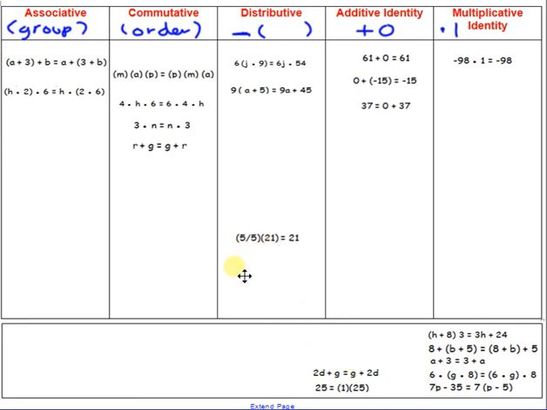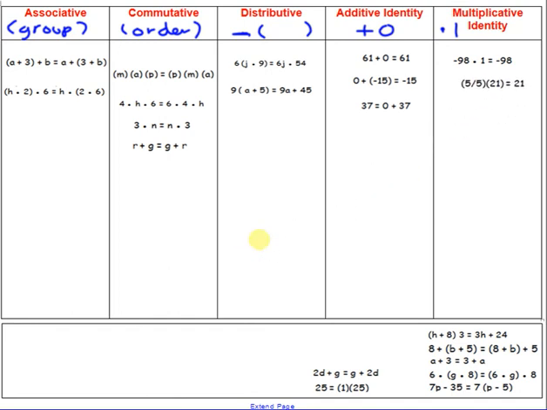This guy is a little bit hard, but I bet you can figure him out. So 5 over 5 times 21 equals 21. I'll give you a hint. What is 5 over 5 simplified? Think about it. If you thought 1, you are right. 1 times 21 is 21.